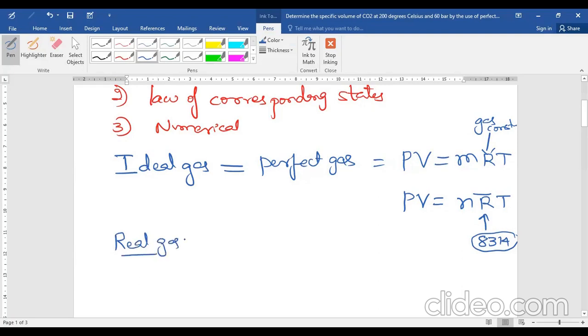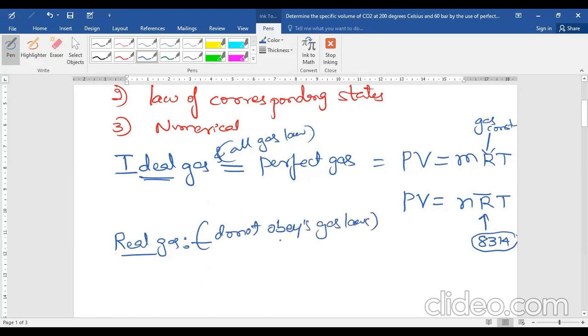What is the definition of real gas? Real gases do not obey the gas laws, or we can say real gases are those gases which have intermolecular force of attraction between the molecules. Ideal gas has no intermolecular force of attraction, and ideal gas obeys all gas laws, but real gas does not obey gas laws.